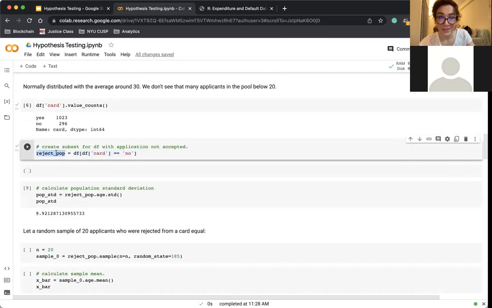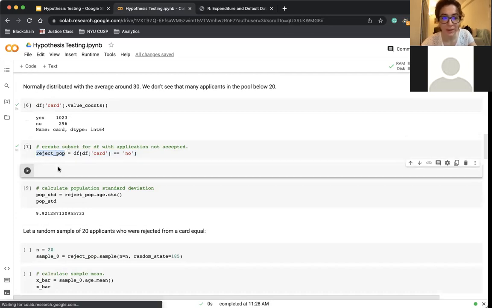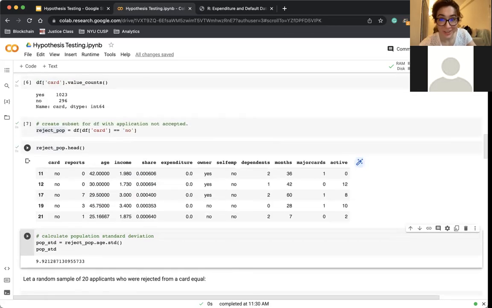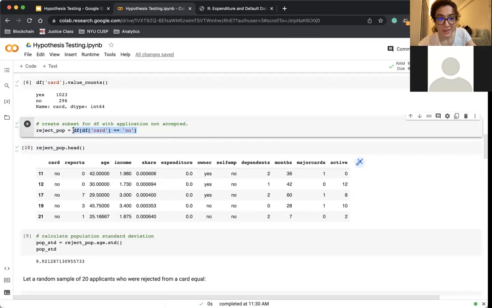Thanks for taking a step back, because yeah, this is using Python to create a new data frame. And I appreciate it because I'm probably going a little fast here. This is taking the data frame from this column only when this column is equal to no.